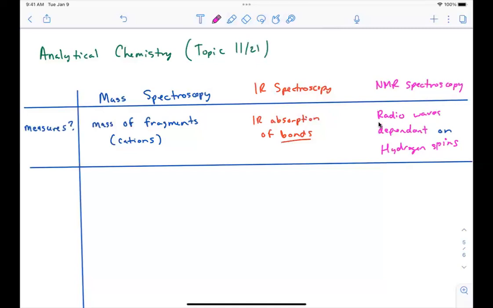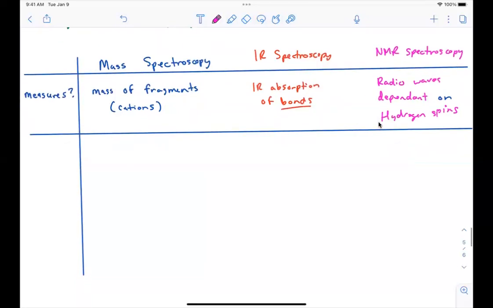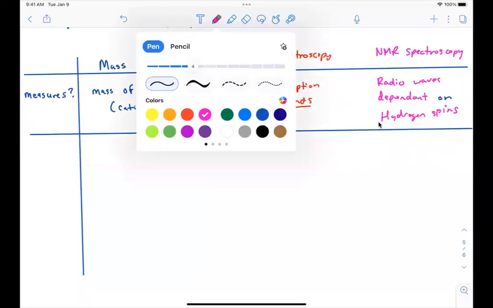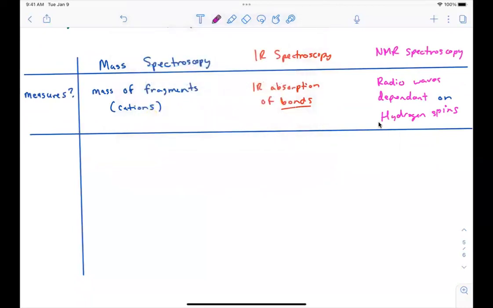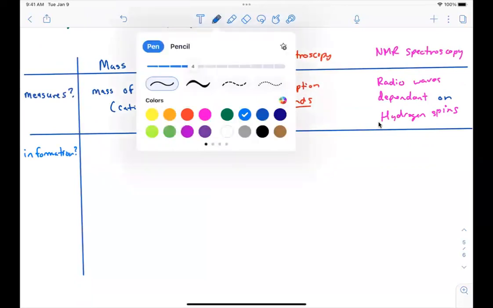Okay. All right. So it measures mass fragments, IR, and then radio waves. What information does it give you? Okay.